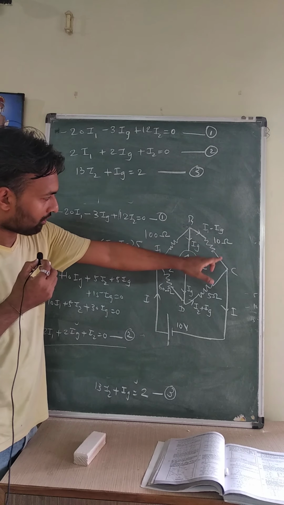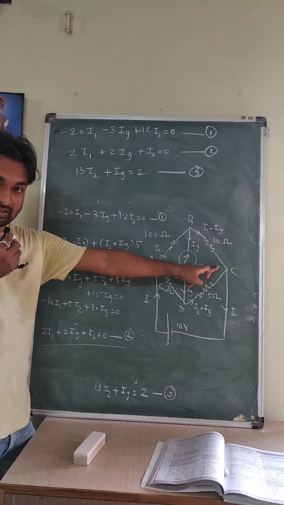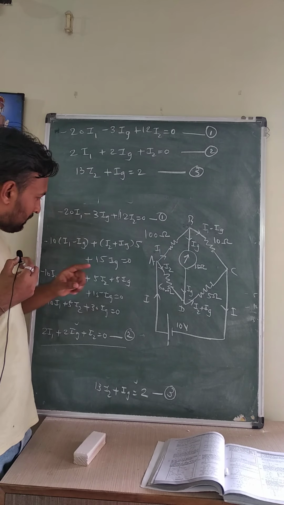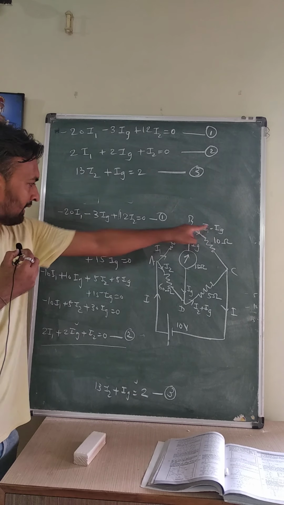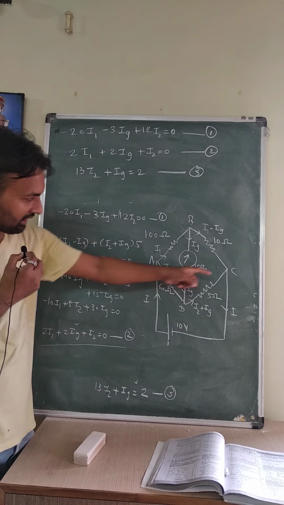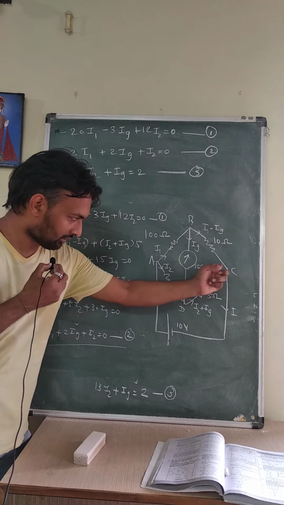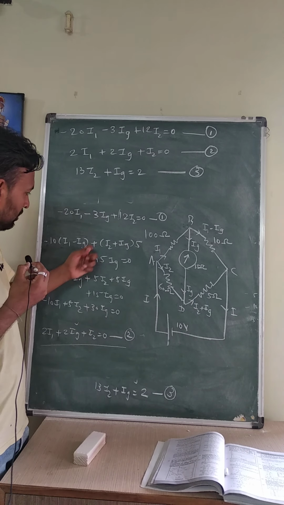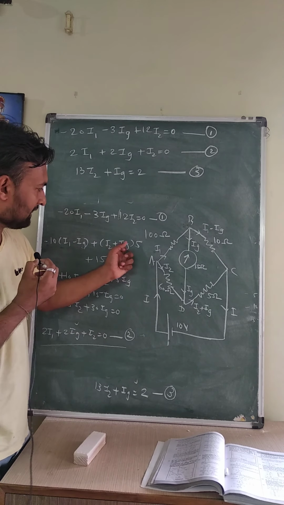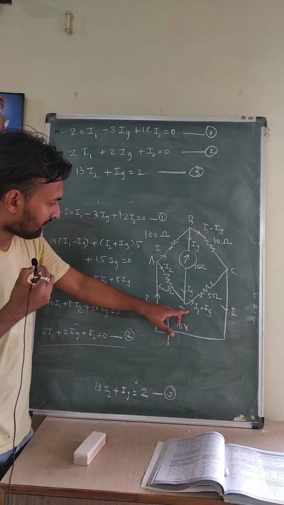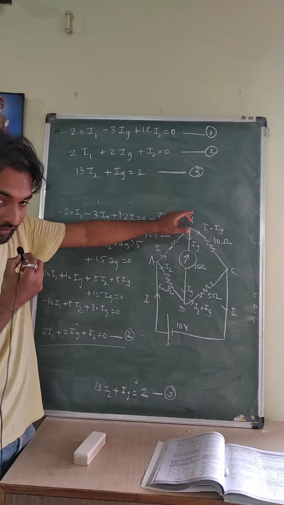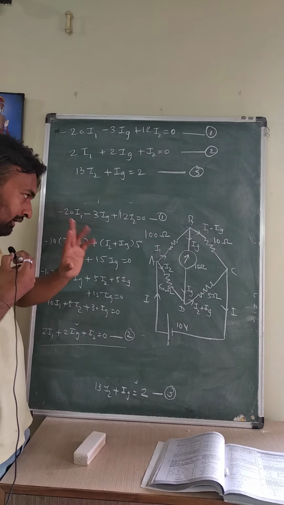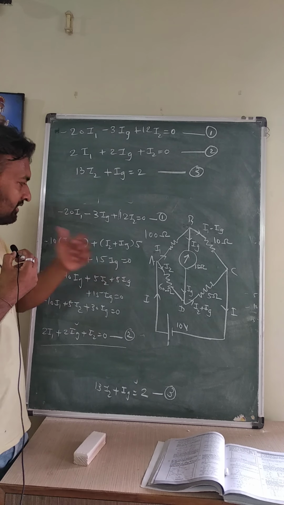So the direction of current and the direction of journey through the circuit are both in the same direction, so a minus sign will be there. So minus 10 into (I1 minus Ig). Here the direction of current and direction of journey are in opposite directions. So plus (I2 plus Ig) into 5, and here again they are in opposite directions. So plus 15 Ig equal to 0.